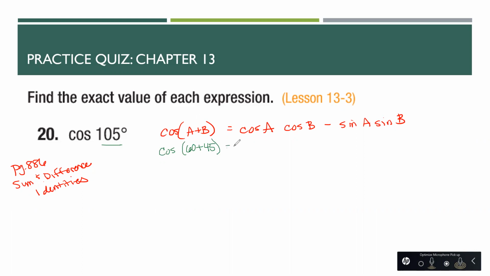So we've got the cosine of 60 times the cosine of 45 minus the sine of 60 times the sine of 45.